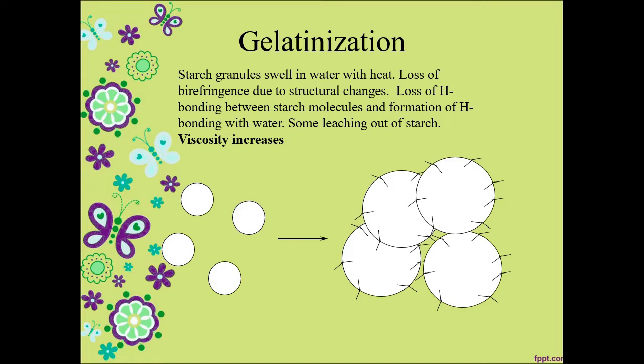Gelatinization involves granule swelling in water in the presence of heat. That means it will lose its birefringence due to the structural change of the starch granules, and leads to the loss of hydrogen bonding between the starch molecules and the formation of hydrogen bonding with the water. And some starch will leach out when the granule bursts, and that leads to an increase of viscosity.